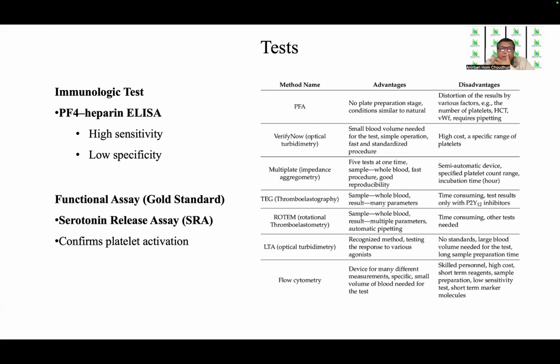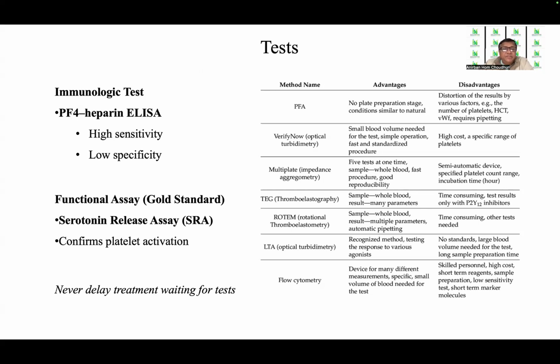Other than that, there are other tests like VerifyNow or optical turbidimetry, but the major disadvantage is that it is highly costly and only a specific range of platelets can be tested. The advantages are that small volume is needed, simple operation, fast and standardized procedure. And likewise, there are other tests, including flow cytometry.